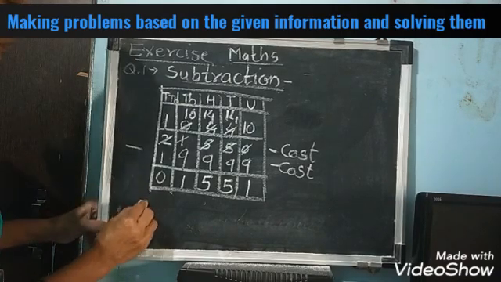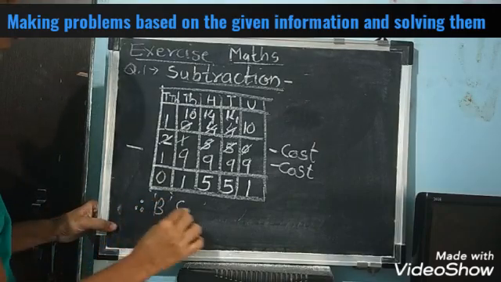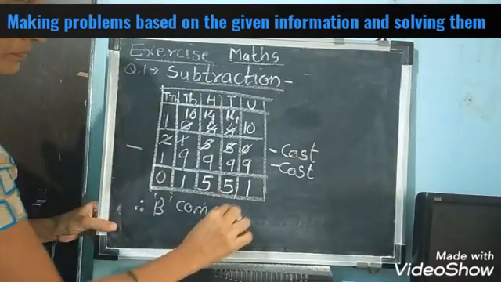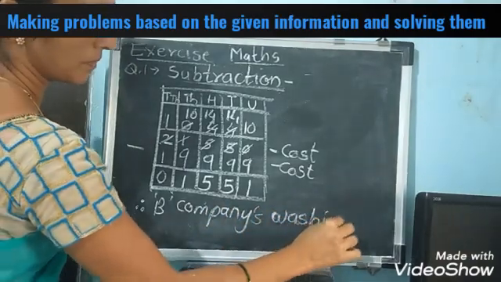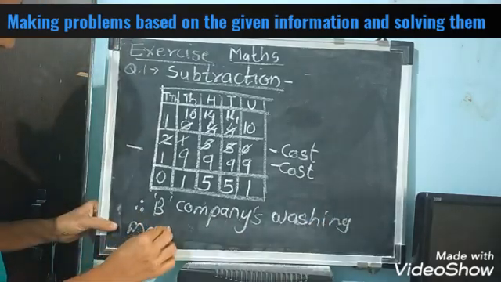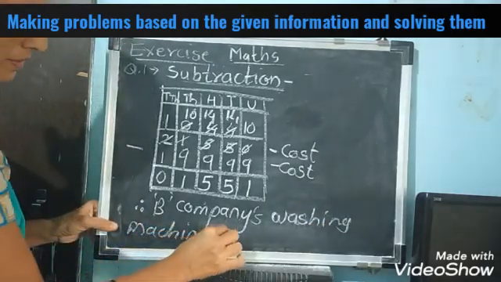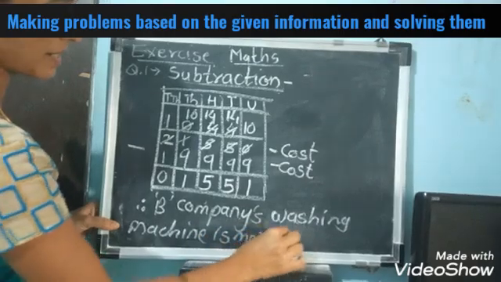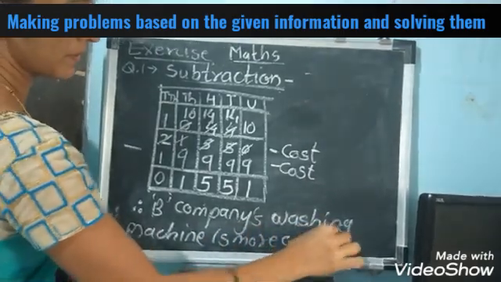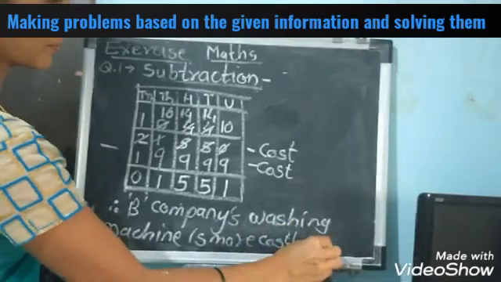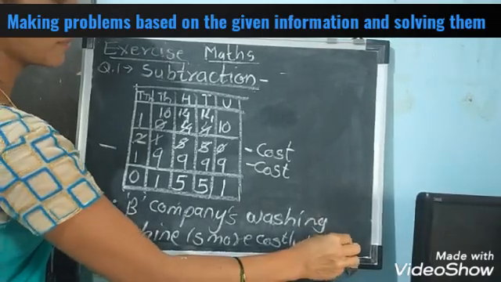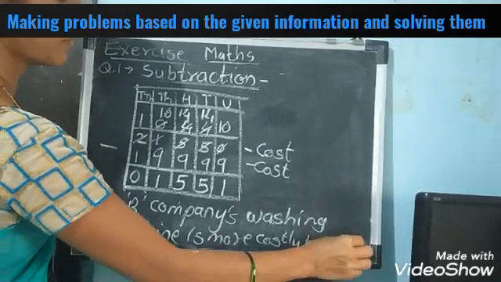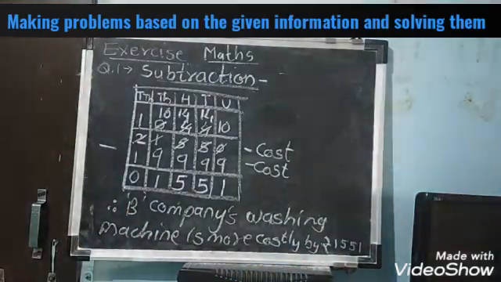Therefore, B company's washing machine is more costly by rupees 1,551. In this way, you have to write the answer by using 3 dots.